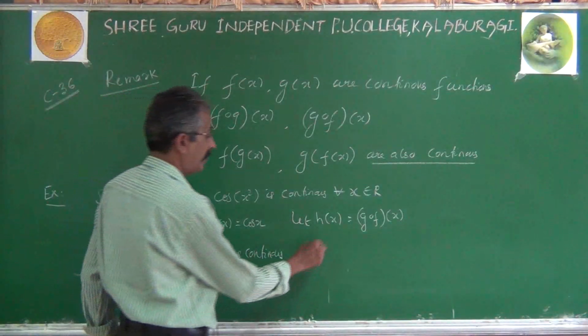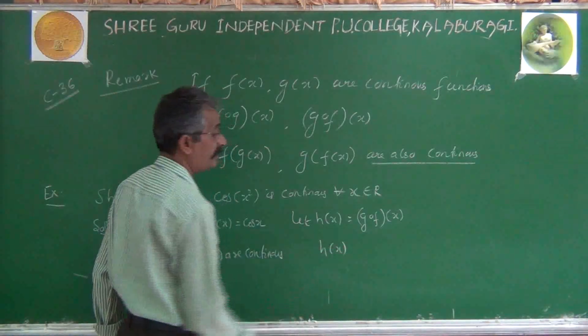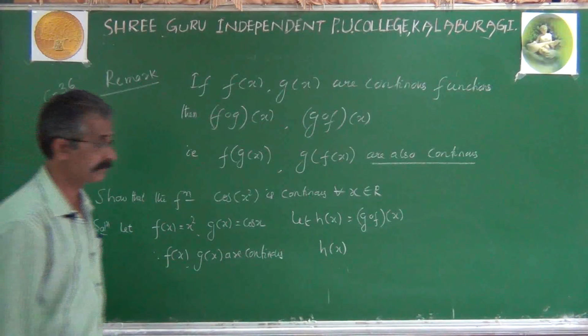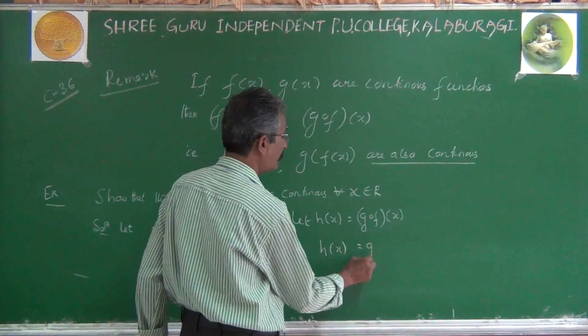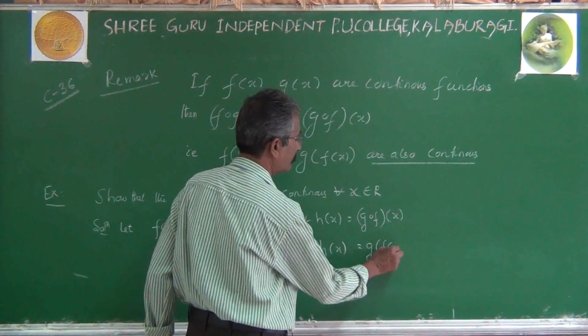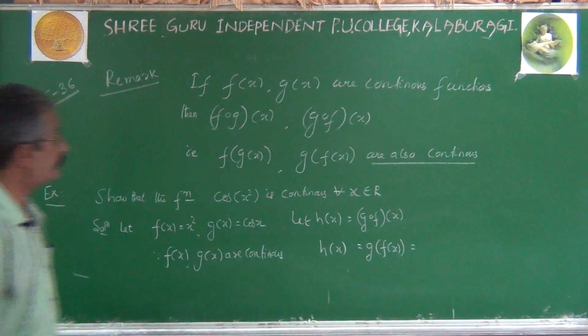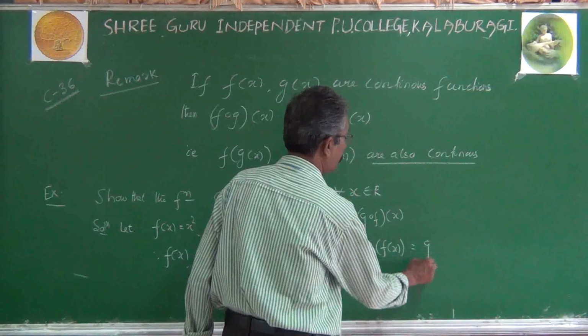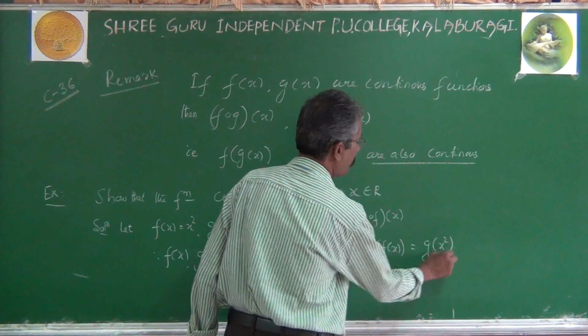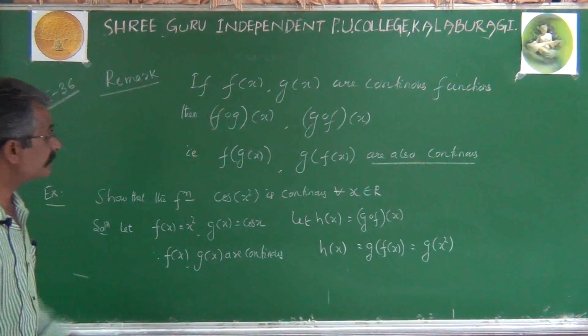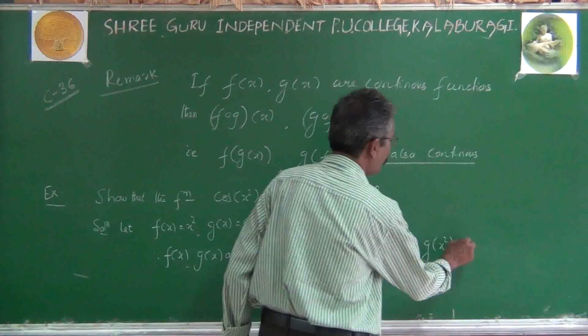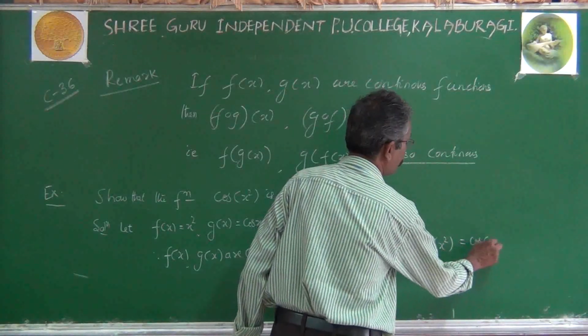So now h of x, what is h of x? g o f of x means g of f of x. What is f of x? x square. It is g of x square. But what is the g function? Cos x. What will become? cos of x square.